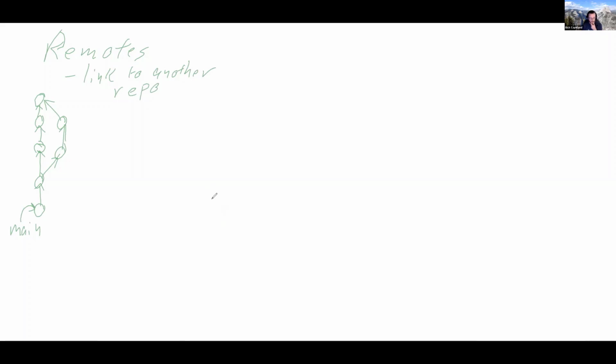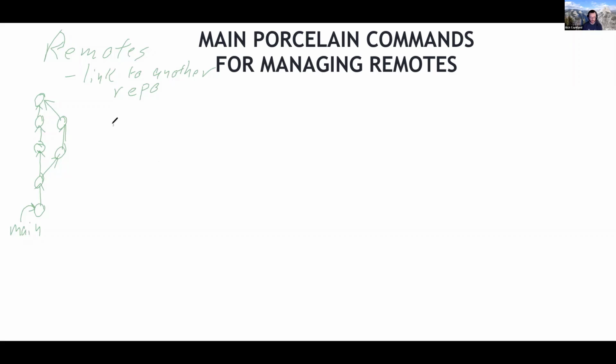So the main porcelain commands that you would use for this would be things like git remote, and then you can do add, I think it's remove, things like that. And what this will do is it will take some kind of a remote name.